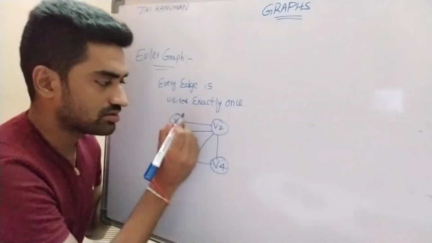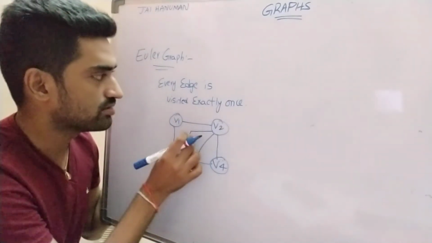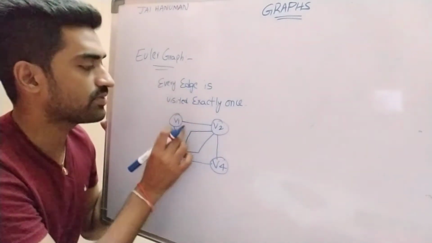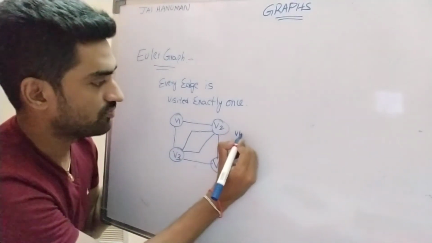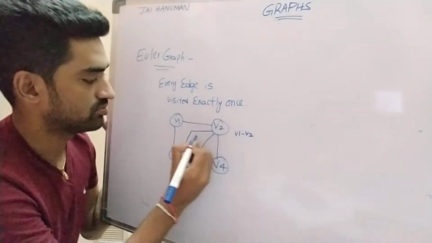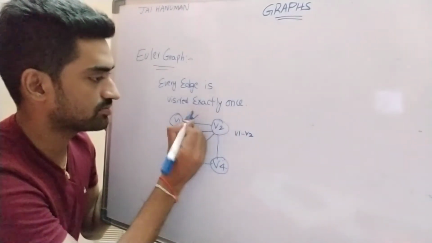Right? So this is also an Euler graph. What is the main theme of an Euler graph? Every edge is visited exactly once. V1 to V2, this edge is visited.